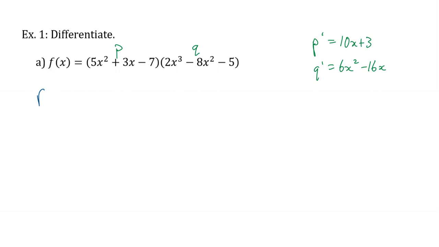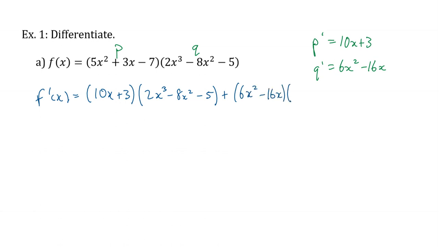Now I come back over here and I go f prime equals p prime, derivative of the first, times the second, which is just q, 2x cubed minus 8x squared minus 5, plus derivative of the second, 6x squared minus 16x, times the first, 5x squared plus 3x minus 7.